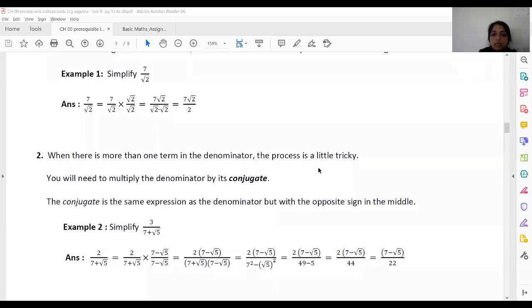Now, tell me the answer of 4 upon 6 plus root 3. 4 bracket 6 minus root 3 upon 33.